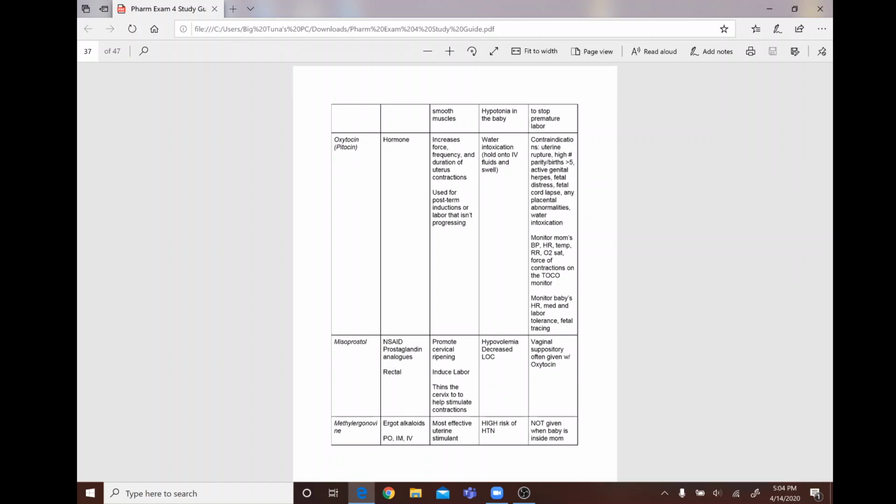Oxytocin or Pitocin is what drug class? Hormone. What is oxytocin's mechanism of action? Increases force, frequency, and duration of uterine contractions. What is oxytocin used for? Post-term inductions or labor that isn't progressing. What are the side and adverse effects of oxytocin? Water intoxication, so hold on IV fluids and swelling. What is oxytocin contraindicated in?